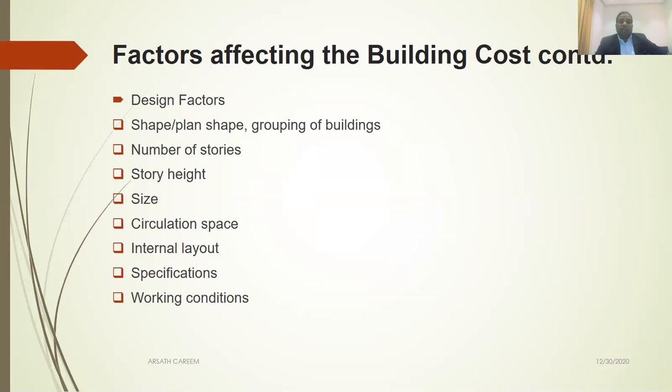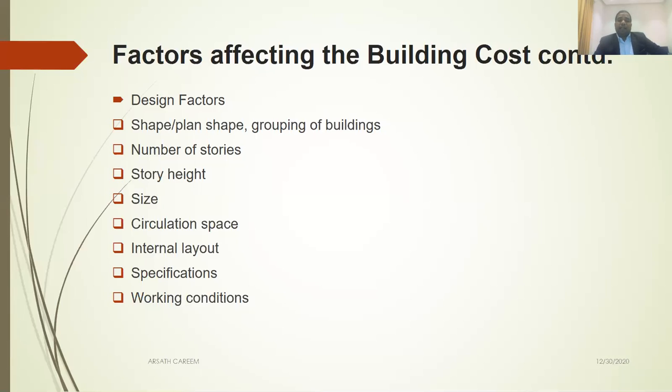What we are learning here is just for theoretical purposes, but as a quantity surveyor, you should know these things. Also, the number of stories will definitely impact the cost. How? For example, you can't compare a one-story building with 10-story building prices, because for one story the cost per square meter is definitely more compared to 5 or 10 stories, because when the area is high, there is a chance for less cost per square meter.